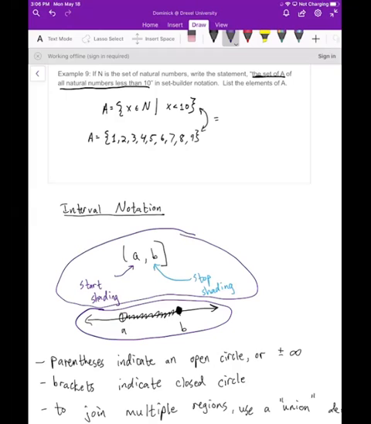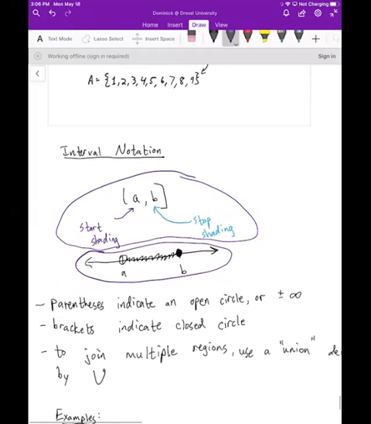Your first number is where you start shading. Your second number is where you stop shading. If you have an open circle, you would use parentheses, or if you continue on forever towards infinity or negative infinity, you would also use parentheses for that. Brackets mean that you have a closed circle.